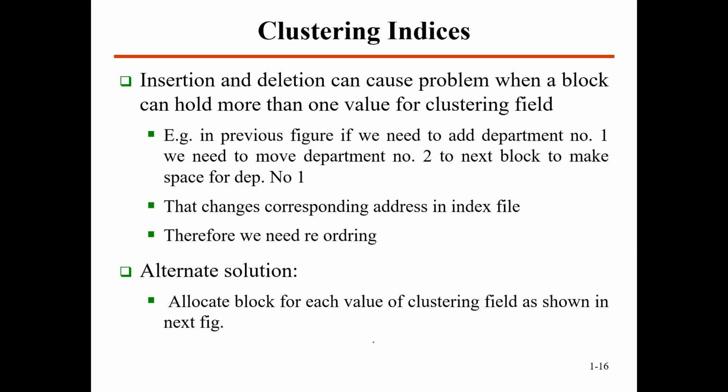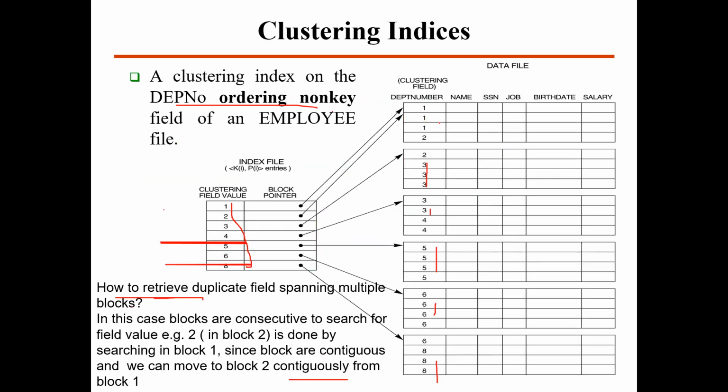Now, for clustering indexes, insertion and deletion can cause problems when a block can hold more than one value for the cluster. In the previous example, we saw that the department number was repeating. Now if a new employee comes with department one, then this two needs to be moved, and then this two needs to be moved here, and then this three needs to be moved.